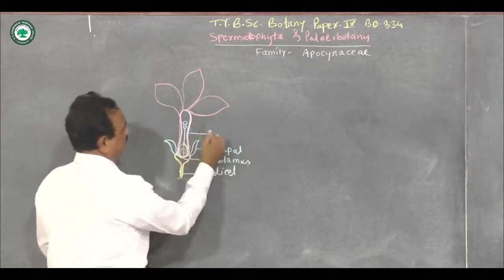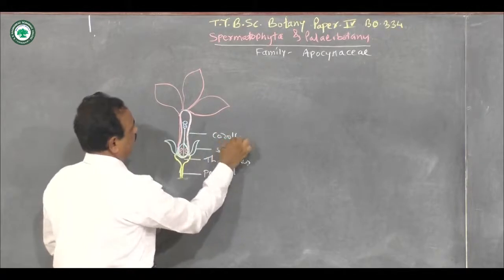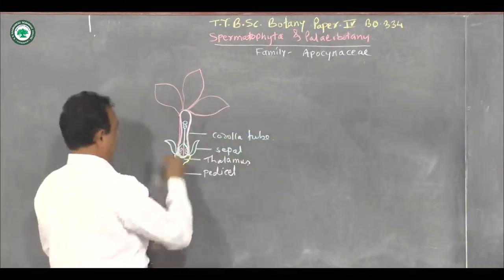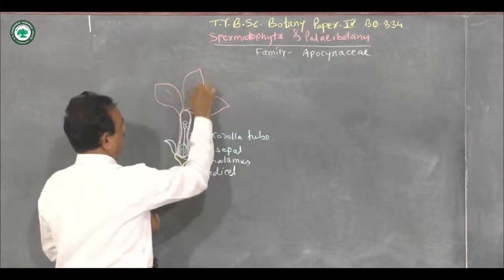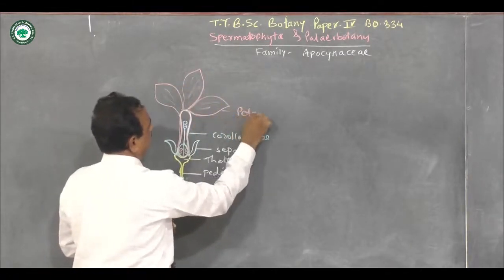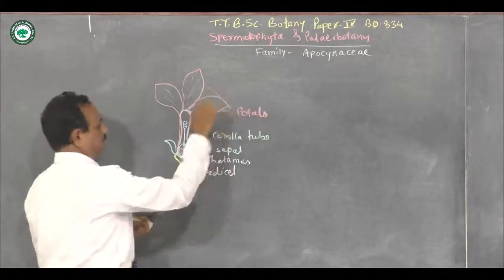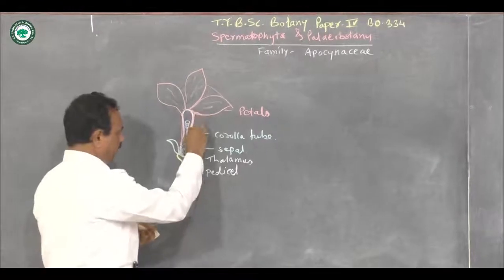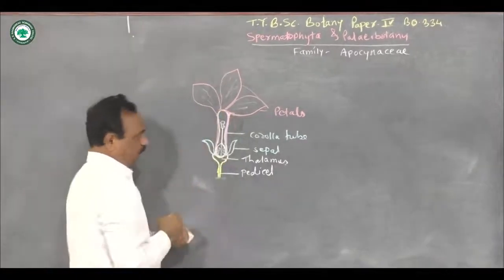This is the corolla tube. Here, these are the petals. Actually, these petals, they are free at the apex, but they are fused at the base by forming a tube that is called as the corolla tube.